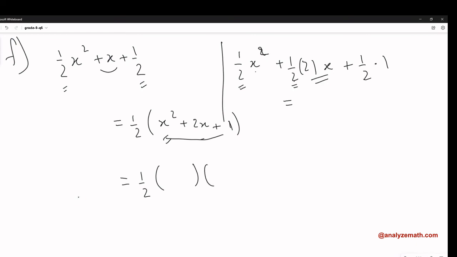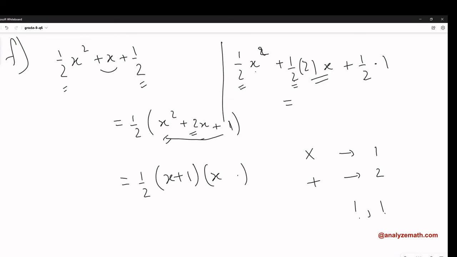So again, we use the same idea as in E. x here, and then we need 2 constants here and here. When we multiply them, the product must give me 1, the sum must give me 2. And these numbers are just 1 and 1. 1 plus 1 gives me 2. 1 multiplied by 1 gives me 1.